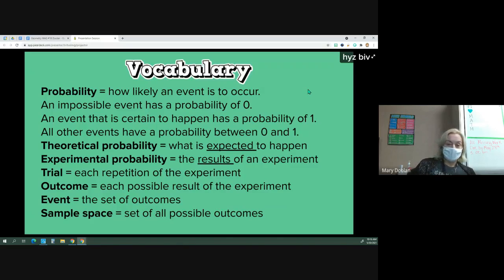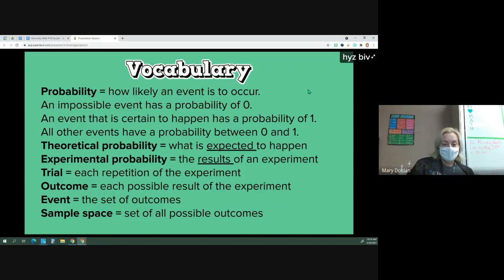Theoretical probability is what is expected to happen. All right, so if you have a coin and you toss it, the theoretical probability that it lands on heads is 1/2. The theoretical probability that it lands on tails is 1/2. That's what is expected to happen.